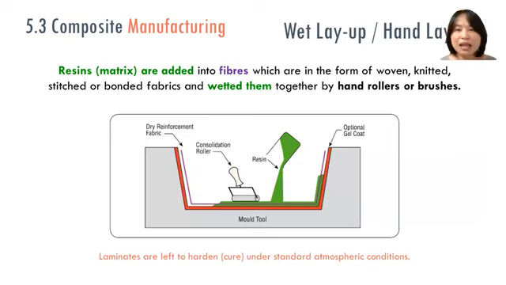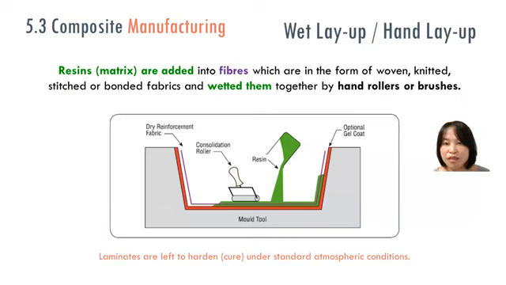Okay, but let me tell you more about manufacturing of composite from the simplest technique. We call it wet layup or hand layup. In this technique, resin, which later will be the matrix phase, is added into fibers. And this fiber can be in the form of woven, knitted, stitched, or bonded fabric.